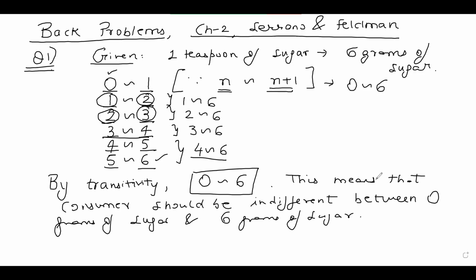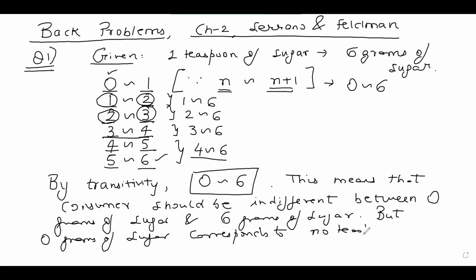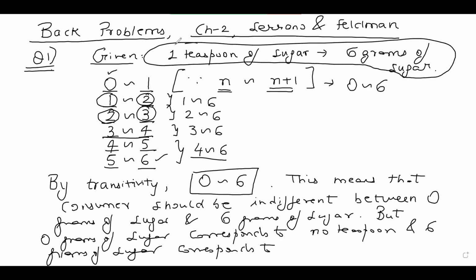But 0 grams of sugar corresponds to no teaspoon, and 6 grams of sugar corresponds to 1 teaspoon, because in the beginning we were given that 1 teaspoon contains 6 grams of sugar. So 6 grams of sugar corresponds to 1 teaspoon.